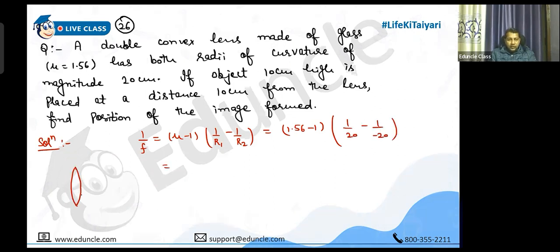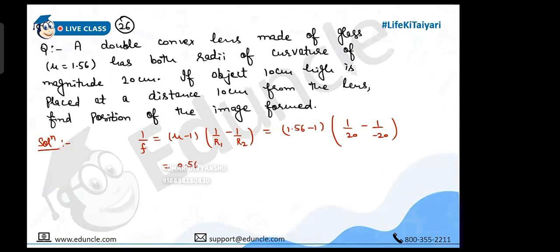Because for this face the radius is positive, for this face the radius will be negative. It will be towards the left. Okay. Yes, sir.